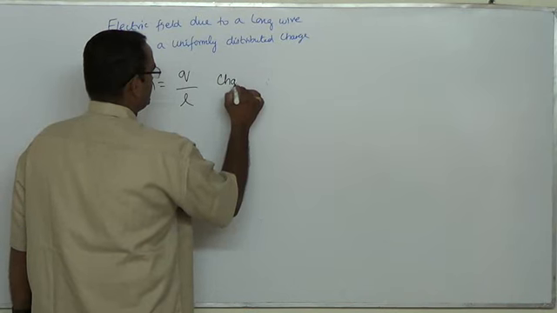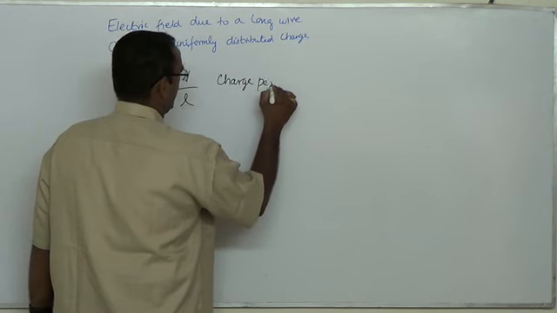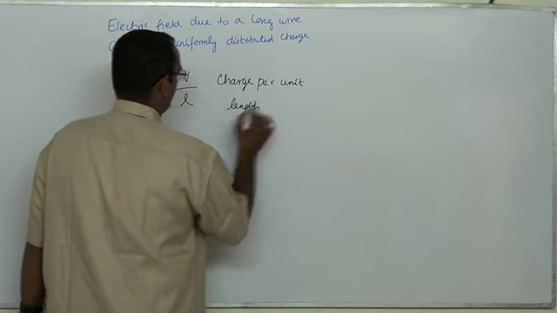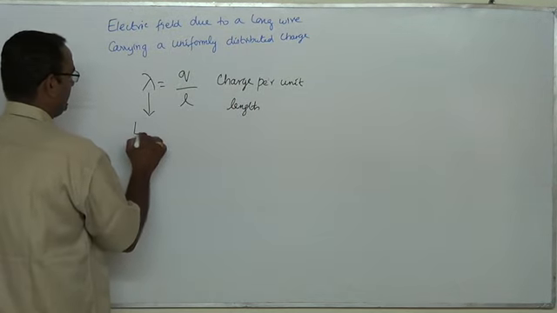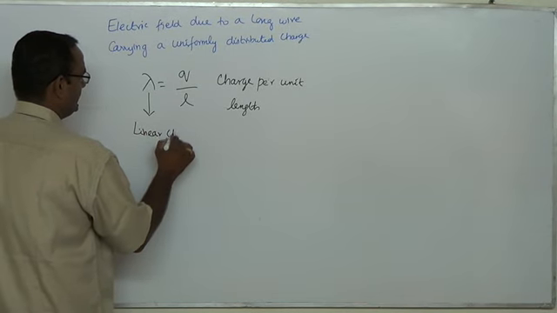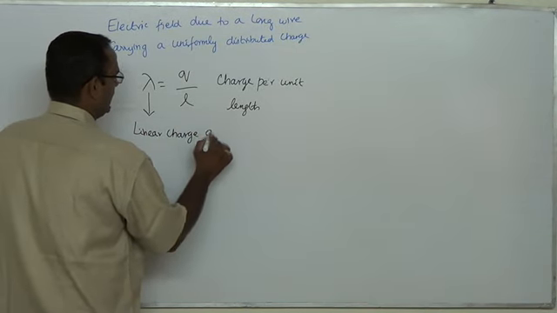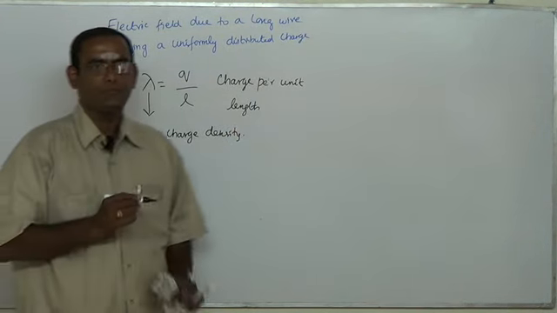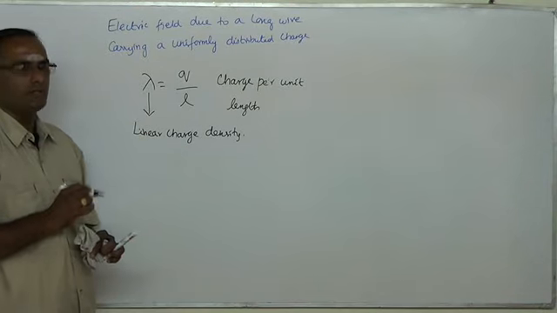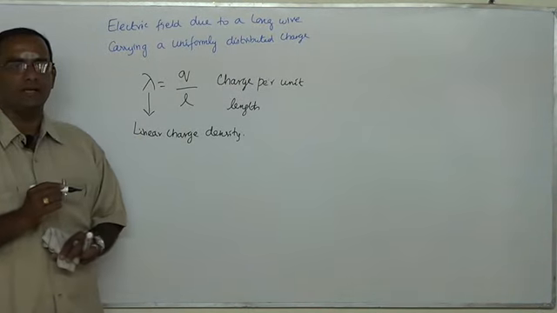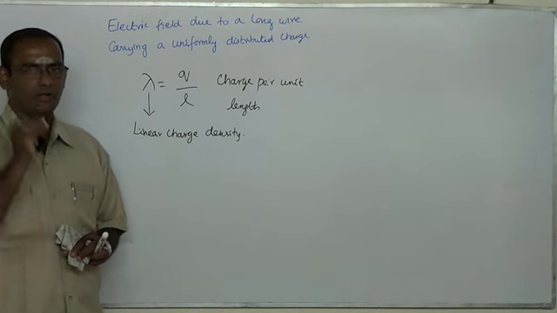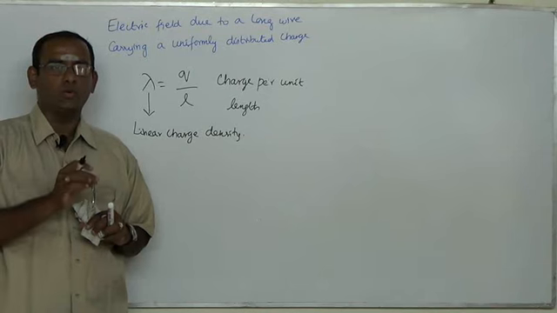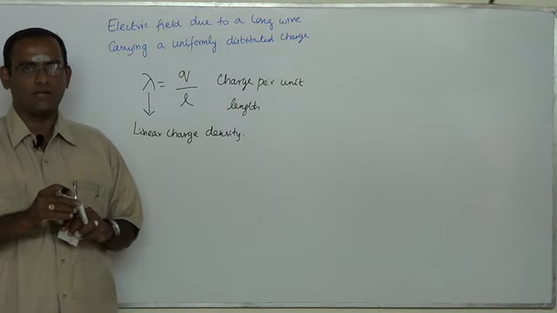So, linear charge density is called charge per unit length. Lambda is nothing but linear charge density, which is nothing but charge per unit length. And of course, you should understand, for the entire length, the charge Q is distributed across the wire.